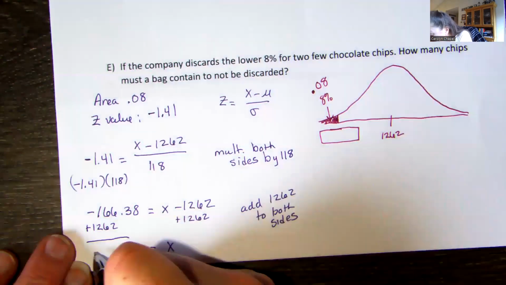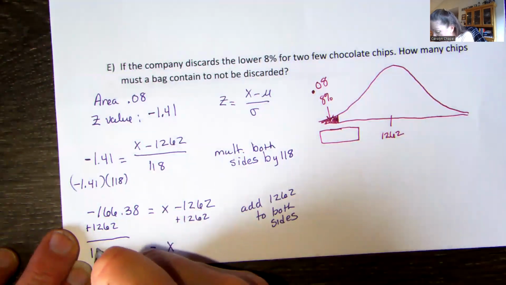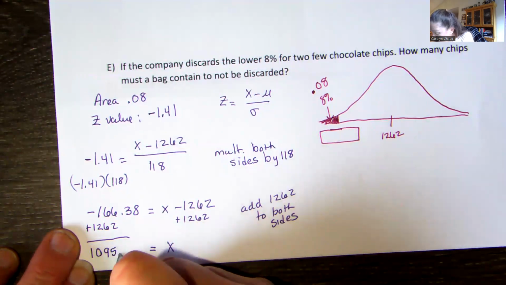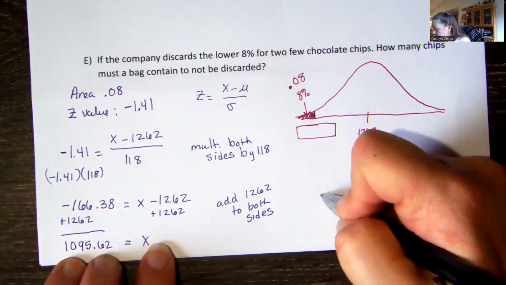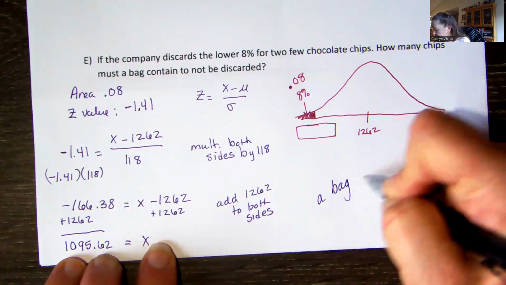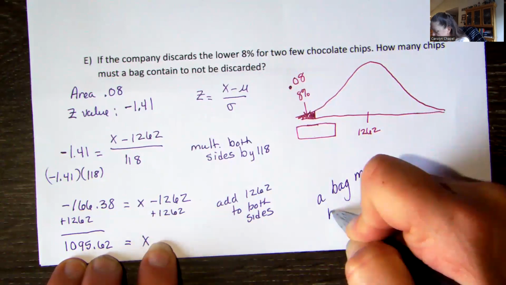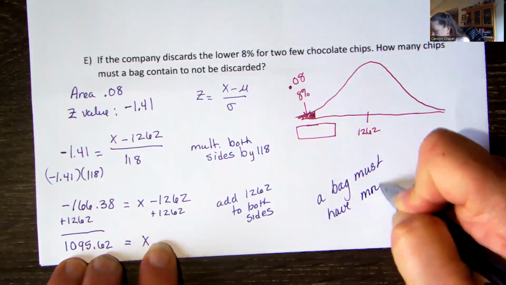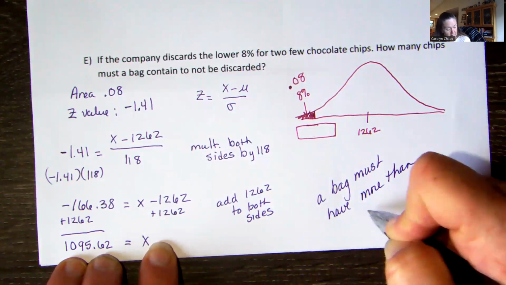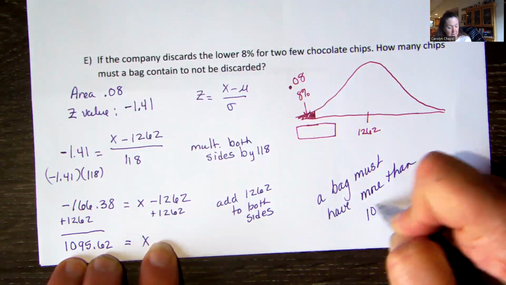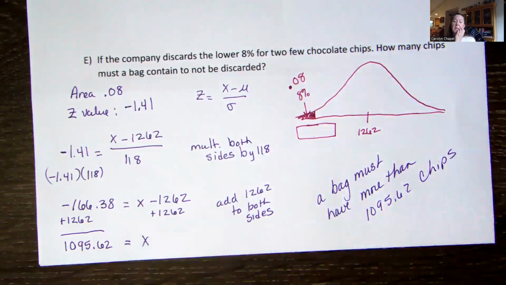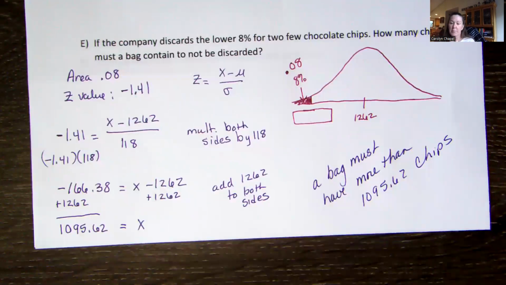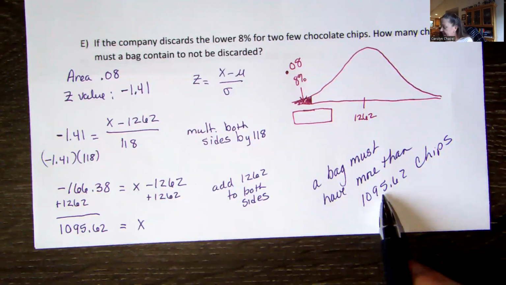If I add those using my calculator, so I don't have to do all the work myself, in other words, a bag must have more than... I don't know how it would have a partial chip in there, but as long as we're at 1096, we would keep you.